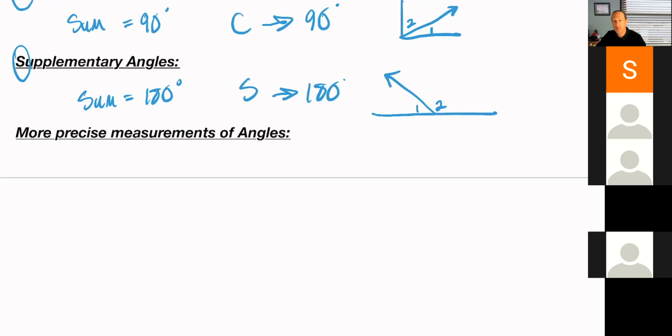Well, with angles, it's very, very important when dealing with certain types of things in the real world.